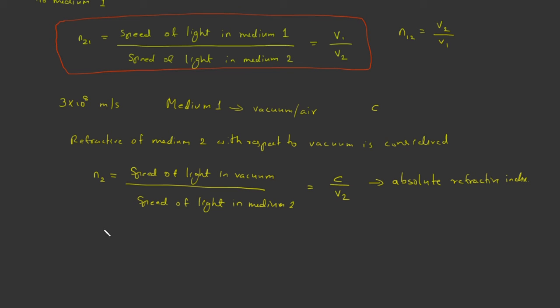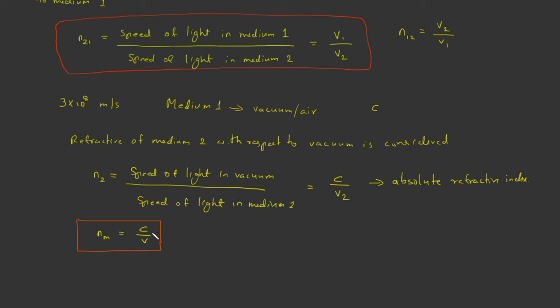So if we denote the absolute refractive index as Nm for a medium, and that is equal to C divided by V, where C is the speed of light in vacuum and V is the speed of light in that medium.